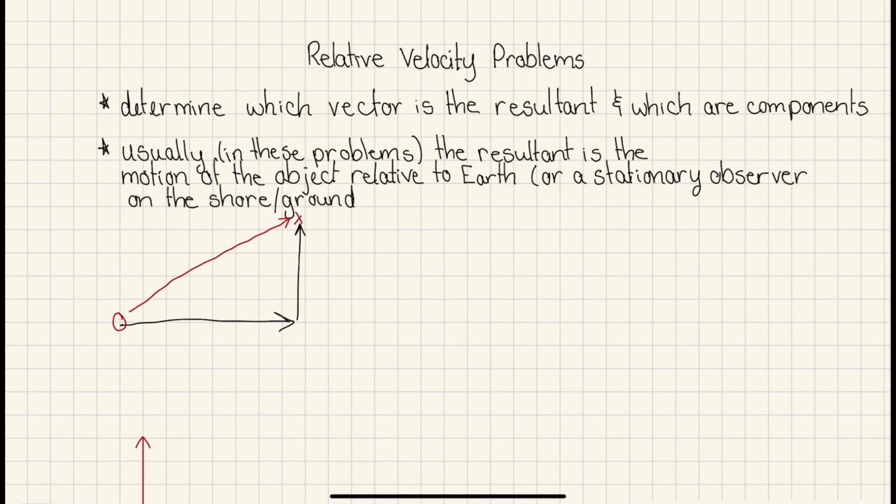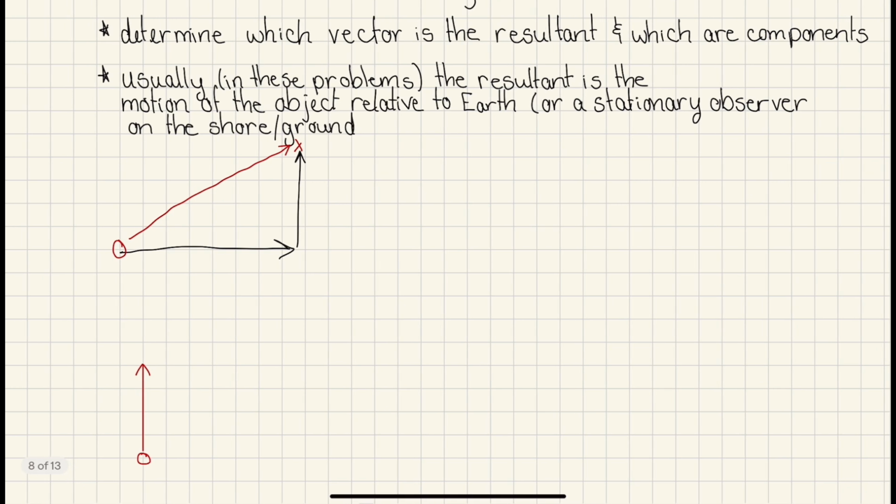Okay. Now, with these questions, there's usually a wind in the case of planes or a current in the case of boats or somebody swimming. So there's usually a description saying, okay, a crosswind of, let's just give this maybe 15 meters per second to the east.